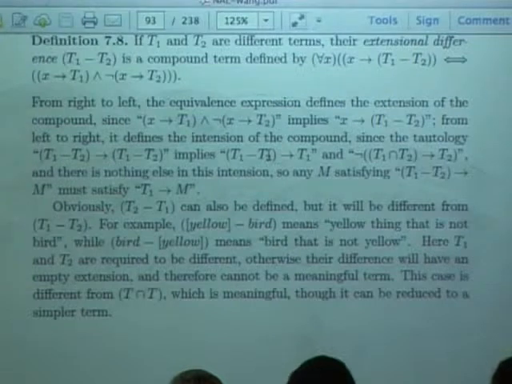What if you really want to do this? Well, you use parentheses to decide what the order is. So this and this are different. Okay? They're fundamentally different.